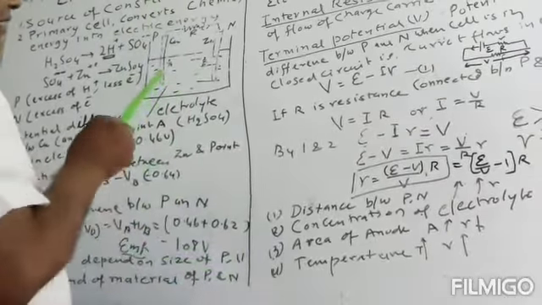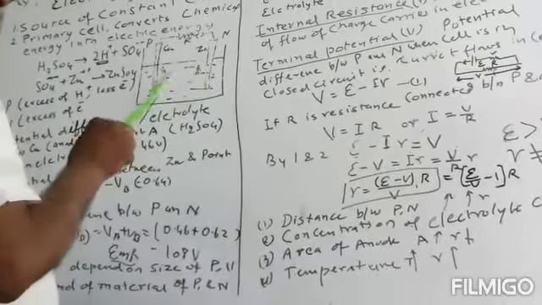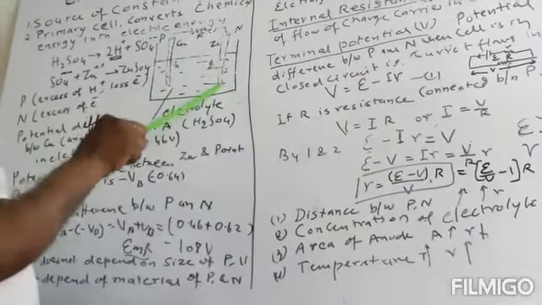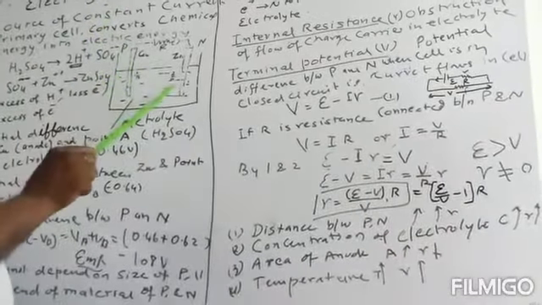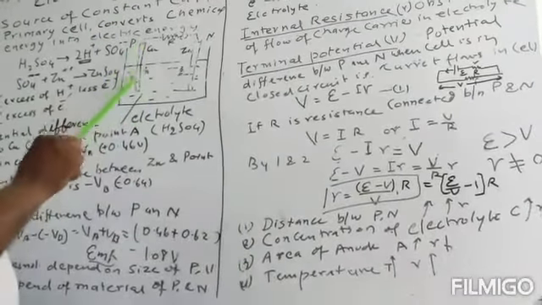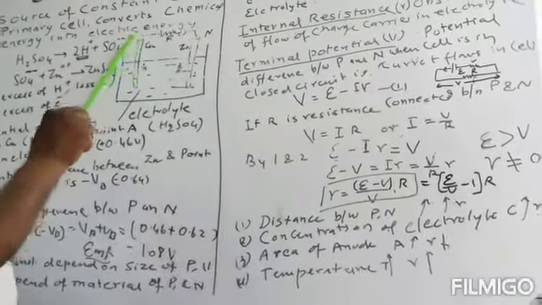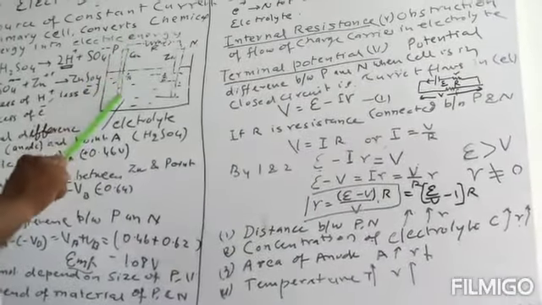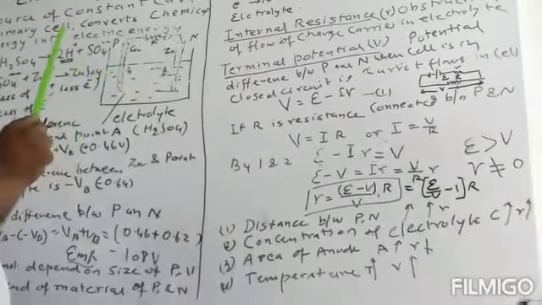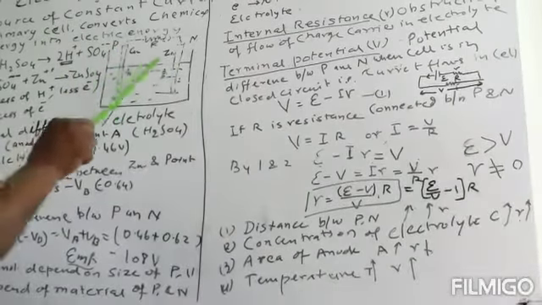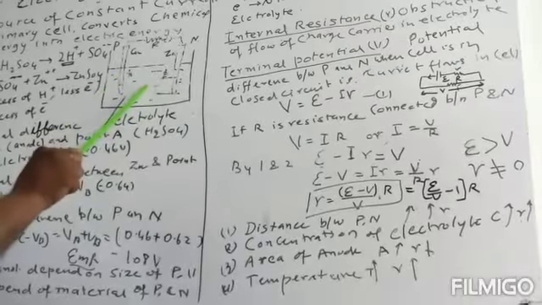Number one, it depends upon the distance between the electrodes. If the distance between the electrodes is more, the resistance will be more. Second, it is inversely proportional to the area of cross section of the anode. If the area of cross section is more, then the internal resistance will be less. It will depend upon the concentration of the electrolyte solution.